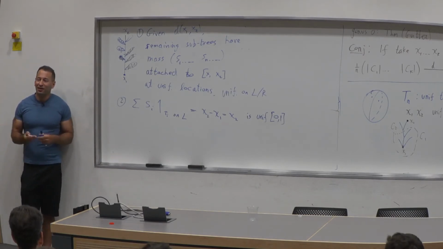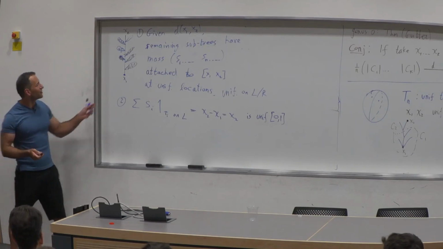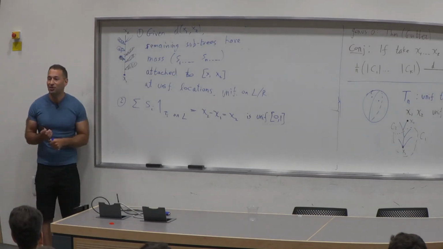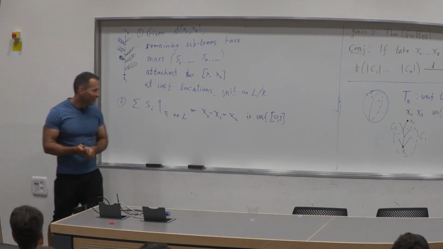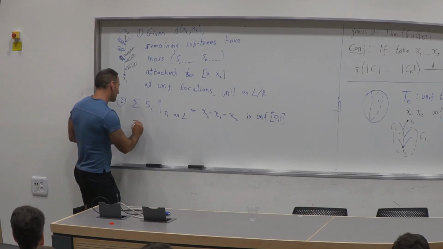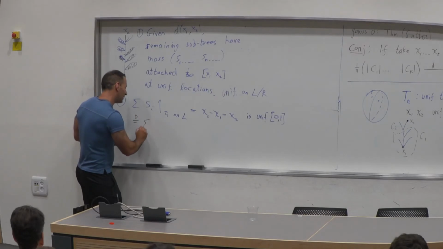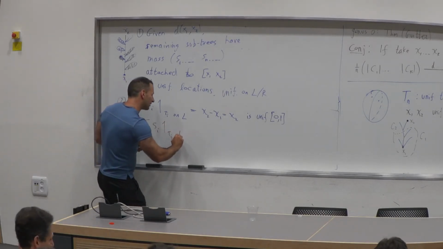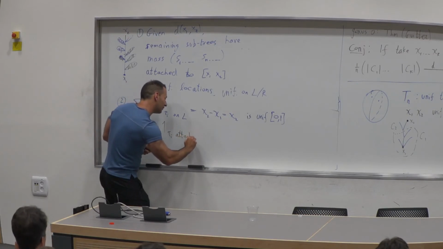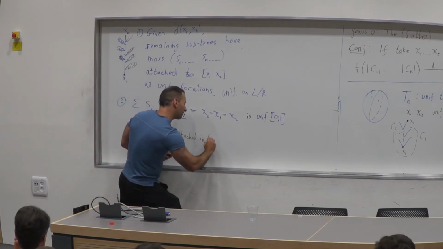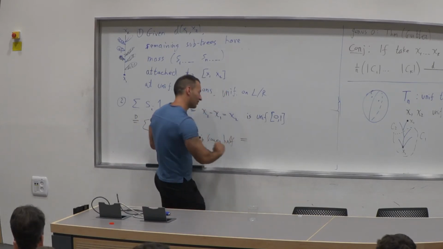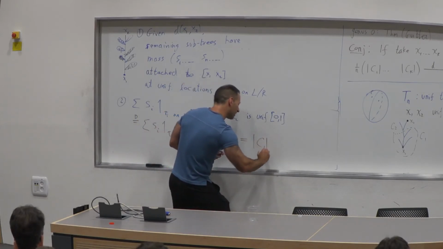So it follows that the Voronoi cell has the same distribution as the contour from x1 to x2, and therefore it's uniform. So this is equal in distribution to the sum of Si times the indicator that tau r is attached in the lower half. And this is equal to the size of the cell.